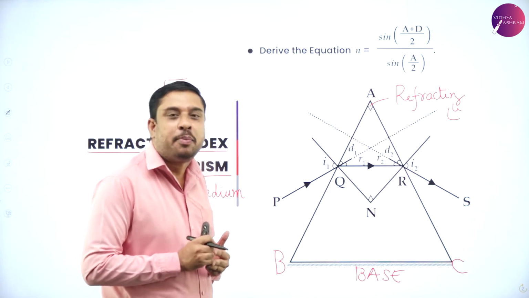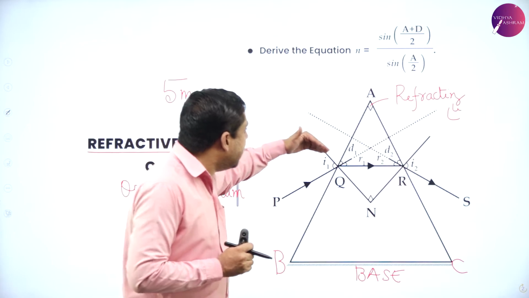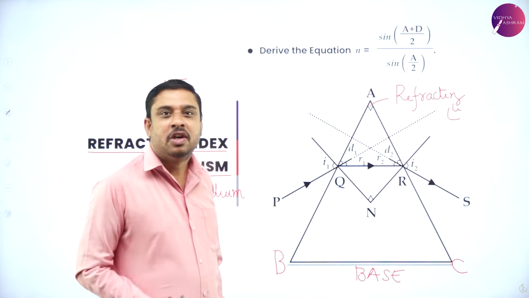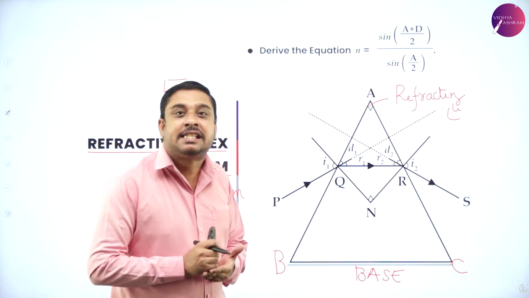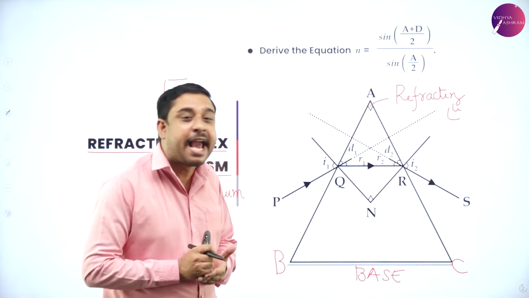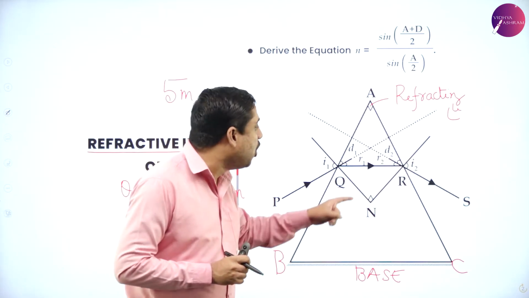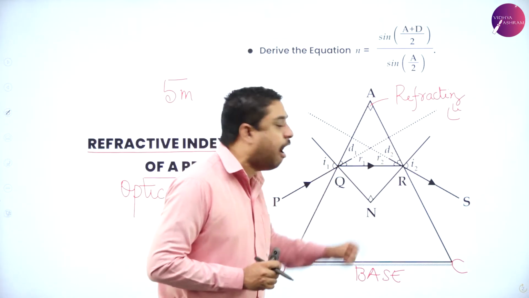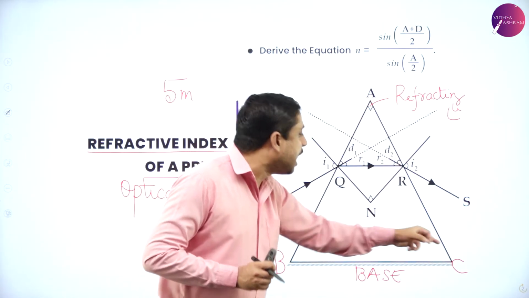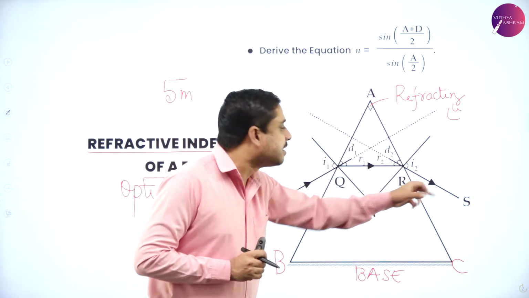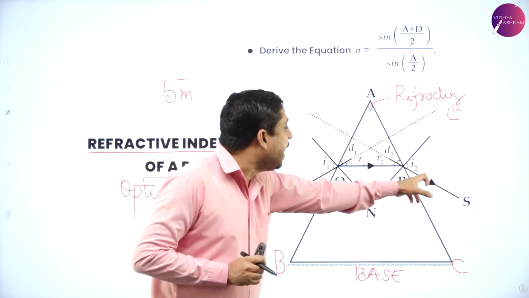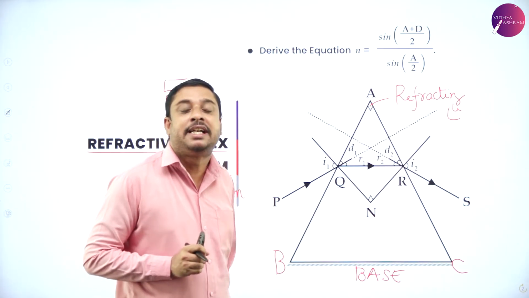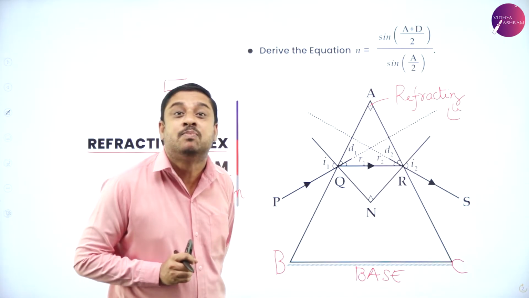Light has to be refracted. It is refracted along QR. So QR is the refracted ray. And now follow, the refracted ray QR comes out along RS. So RS is called the emergent ray. Emergent means something which comes out.